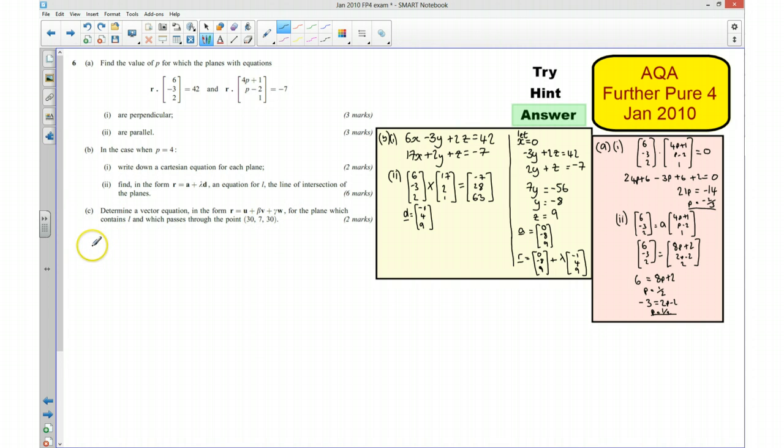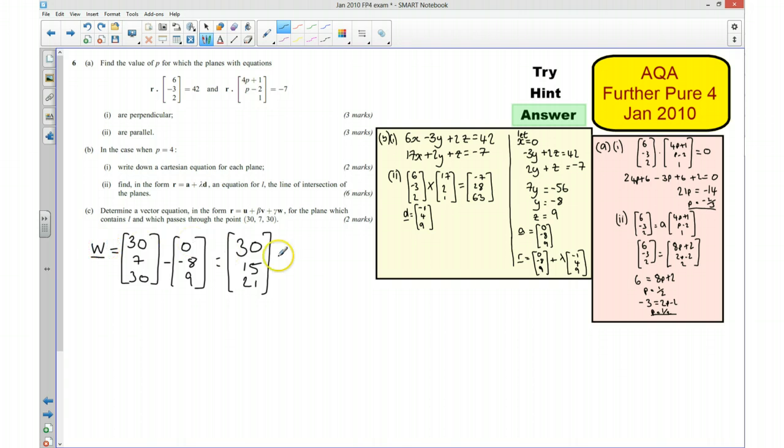So I can say that the direction vector W is going to be equal to 37, 30, so one position vector take away the other position vector that I know is on the plane. So that tells me that that's going to be 30, 15, 21. So that's going to be my other direction vector.